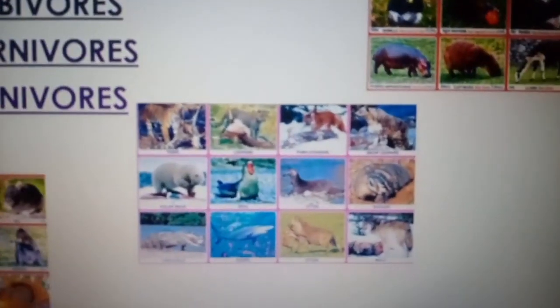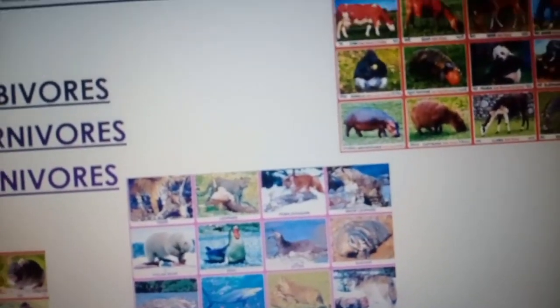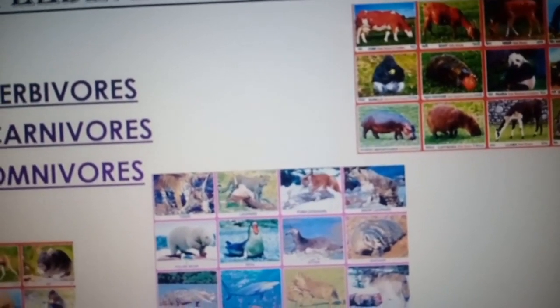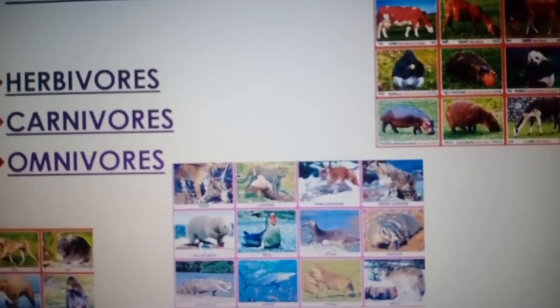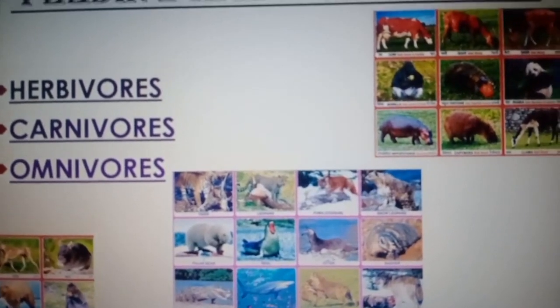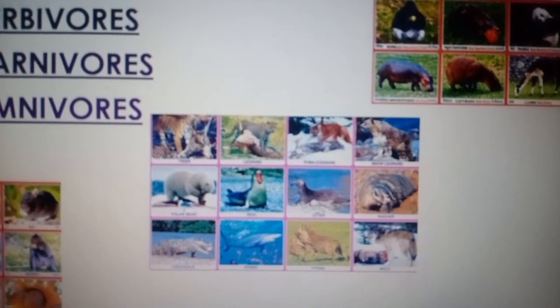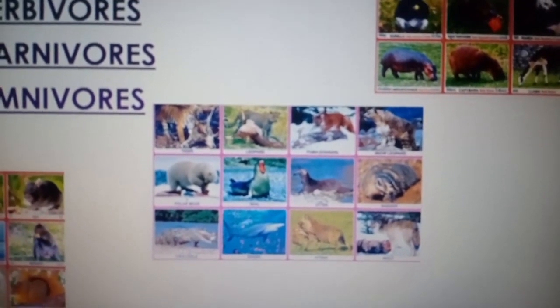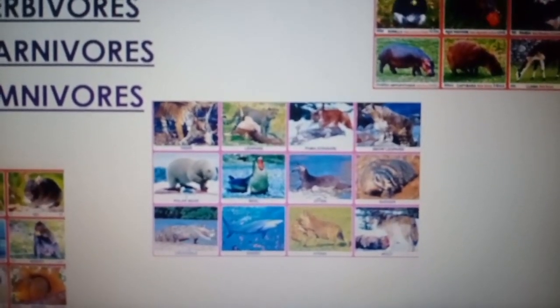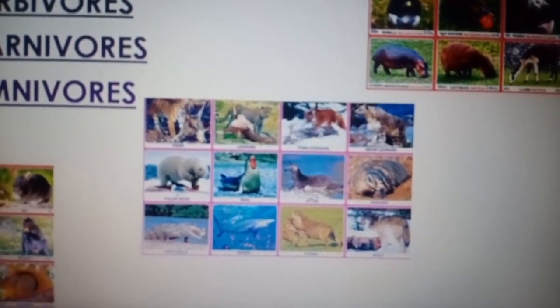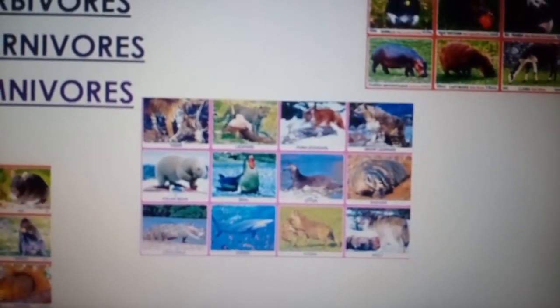Now let's take a look at the carnivore animals like lion, cat, tiger, polar bear, shark, crocodiles. They all are the carnivores. So carnivores are the meat eating animals. They feed on the meat of other organisms.